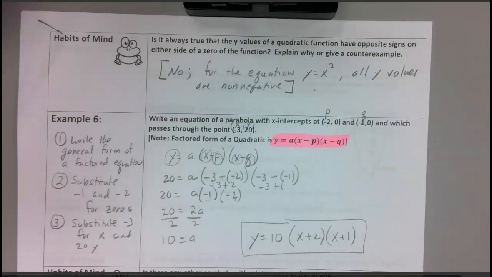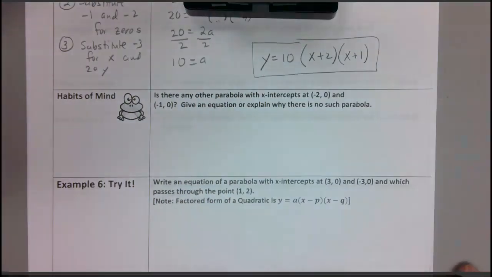It asks in habits of mind here, is there any other parabola with x-intercepts -2, 0 and -1 given? Explain. Yes, there could be, right?